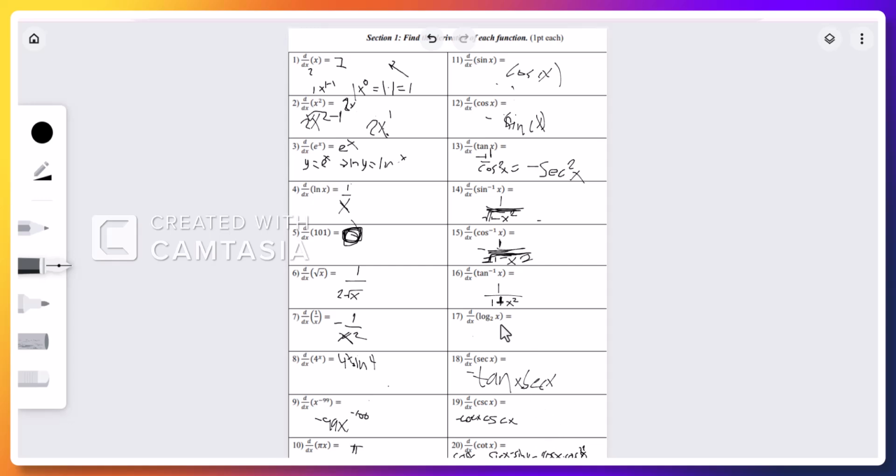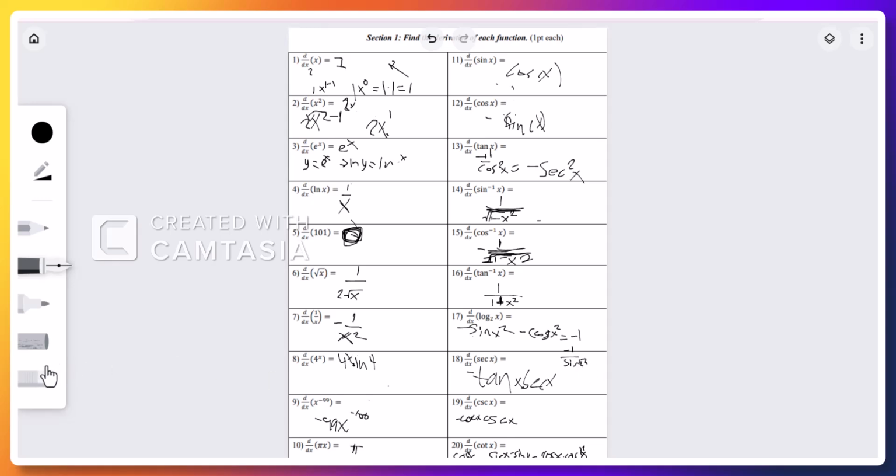We're going to put this in the log. So we know that sine is going to be squared, and then it's also going to be added to cosine squared, and this is going to equal -1. So it's going to be -1 over sine squared.